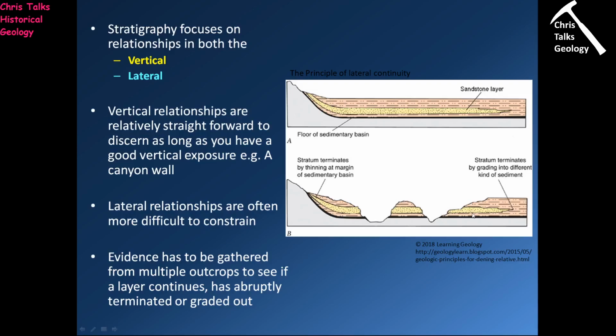As we know from the principle of lateral continuity, eventually the layer of rock will pinch out and disappear, or it will terminate against some kind of basin margin. This is why lateral relationships are quite difficult, because you have to go to multiple locations, and in some cases, the locations you would like to go to just aren't there. They've been completely eroded away, so the layer of rock will just completely disappear. So this is a bit of a problem for geologists.